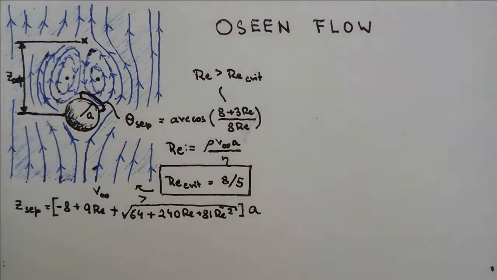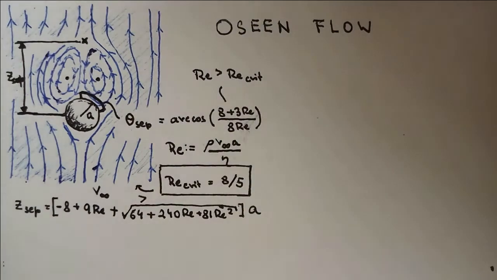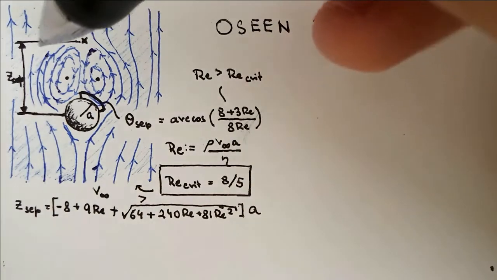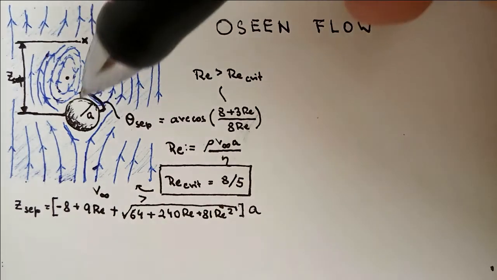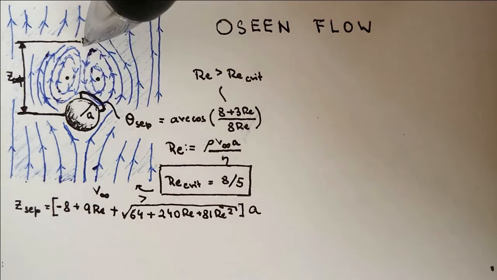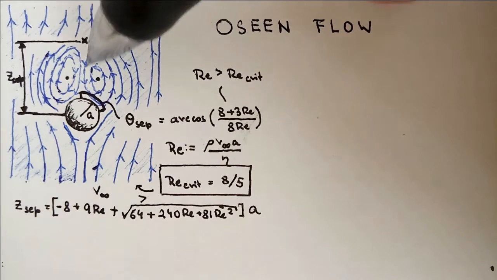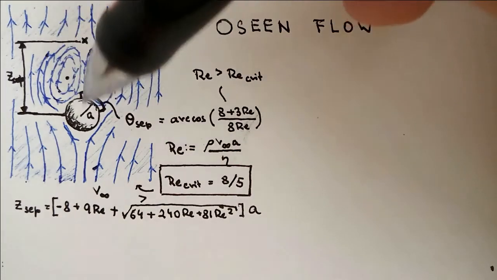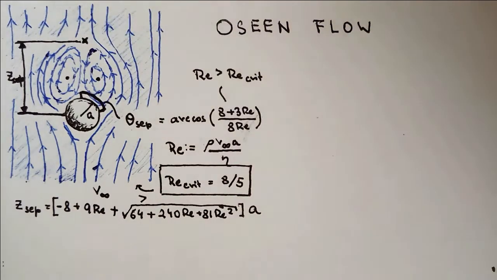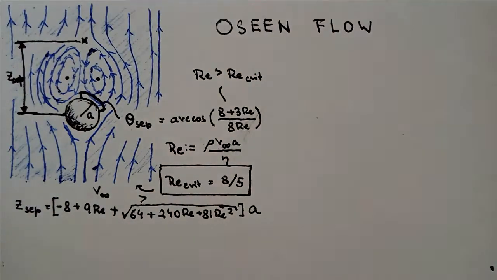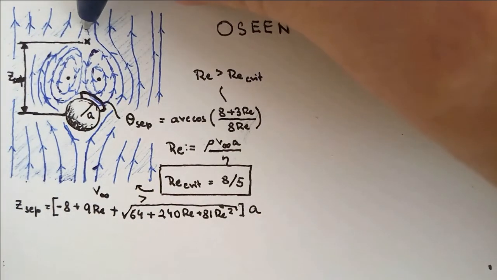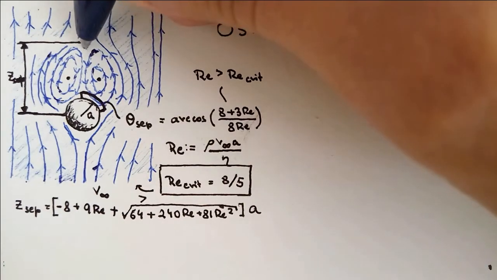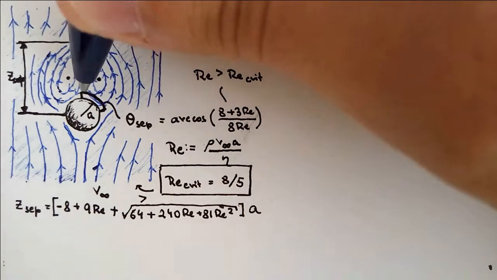Again, there is also a point we can call the far separation, where the length of the tail of vortices ends right here. This is the point where the fluid separates, and the upper particle will go up, and the lower will go to the sphere.